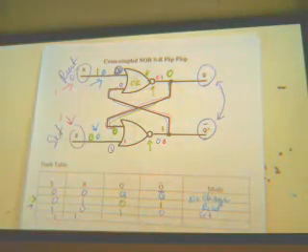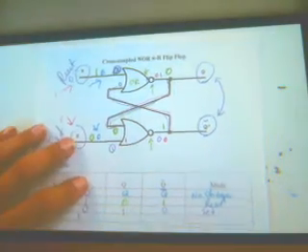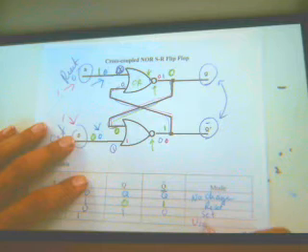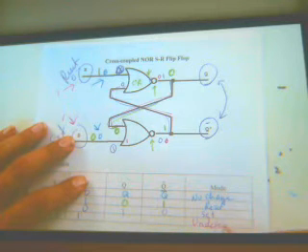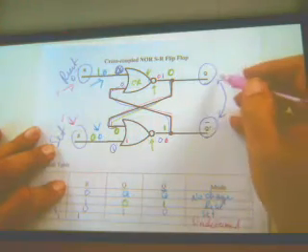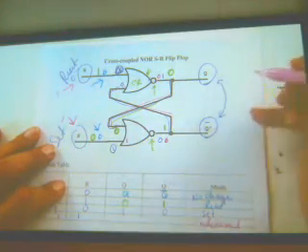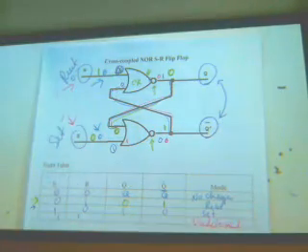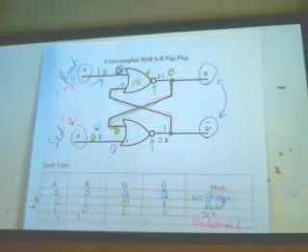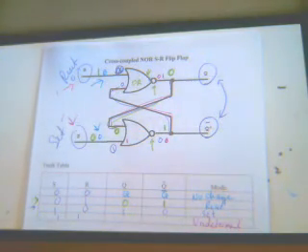The answer is no. They're going to be undetermined, and the flip-flop is unable to determine correctly the output states of Q and not Q. Okay? So we say that when S and R are both 1, the output is not determined. Okay? With me?